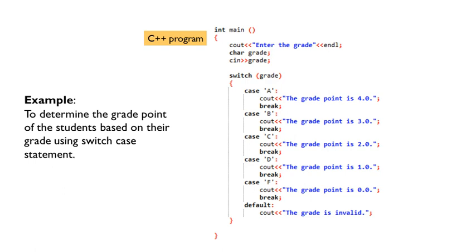So the compiler will determine which case belongs to the grade entered by the user. By default, if there is no A, B, C, D or F, the program will display the grade is invalid.